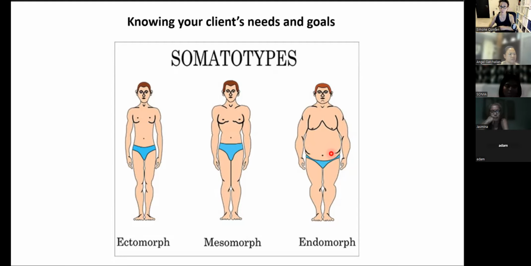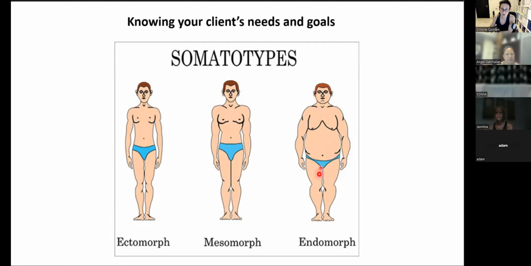They look as if they are bulky, but when you measure their body fat, they are not very bulky. So an endomorph doesn't necessarily need to be fat, but they tend to gain weight faster and they have difficulties getting rid of it.